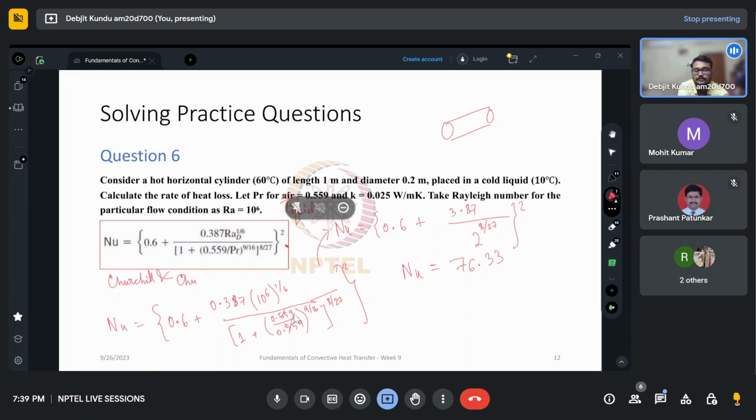Okay, this part was correct, right? 1 plus 1 to the power 9 by 16 is still 1. So it becomes 2 to the power 8 by 27. This is 1.227.